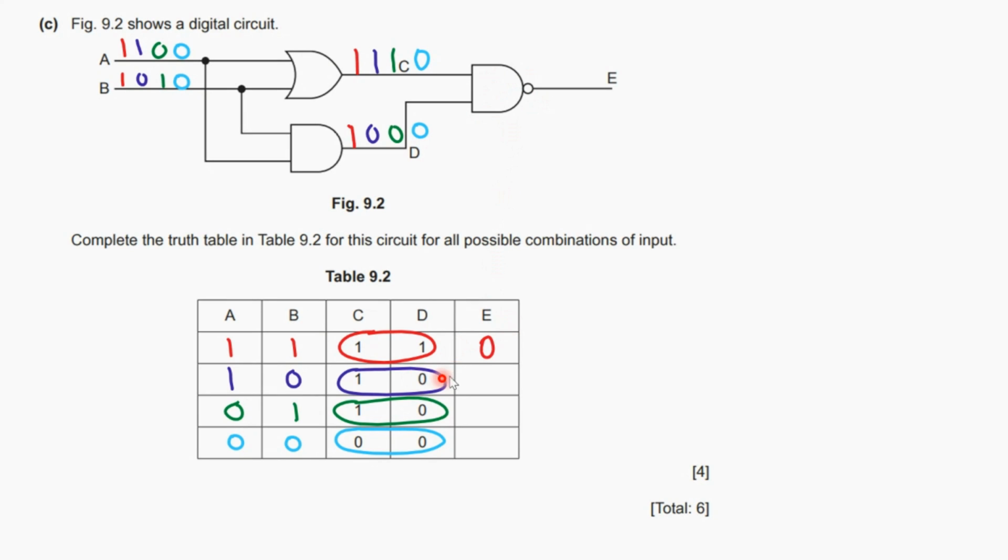And if we have 1 and 0 for the AND, it gives us 0, but it is inverted, so it gives us 1. If it is 1 and 0, AND gives us 0, but it is inverted by the NOT to give us 1 again. 0 and 0 gives 0, inverted, gives us 1.